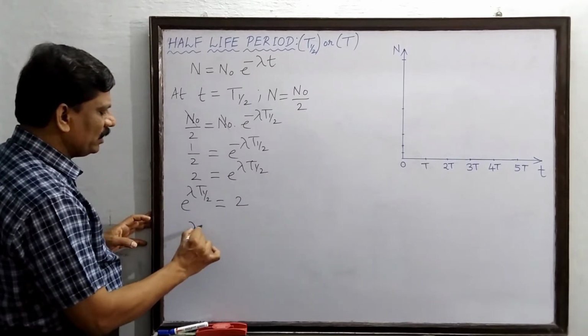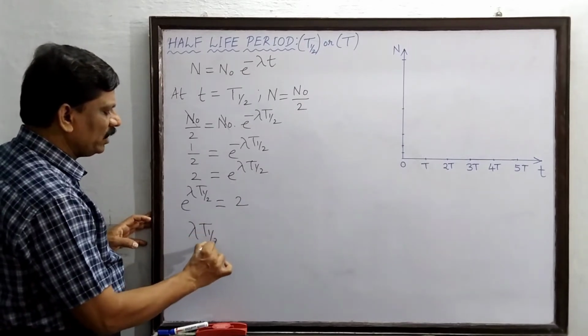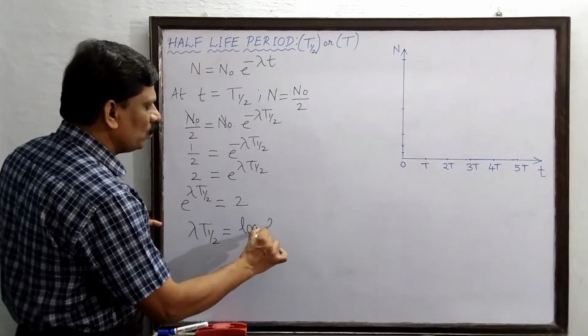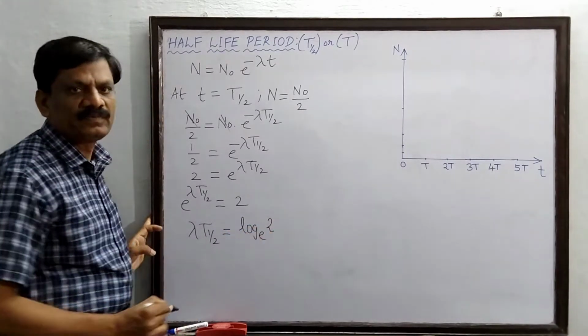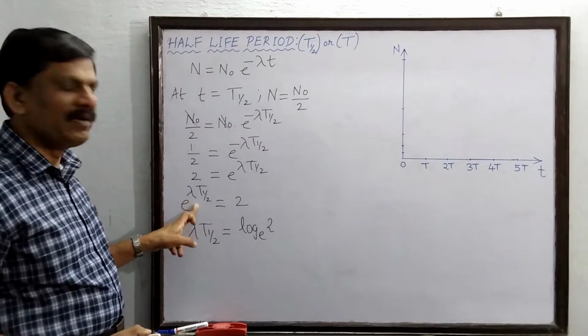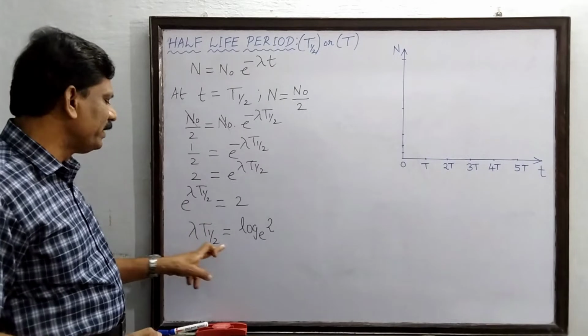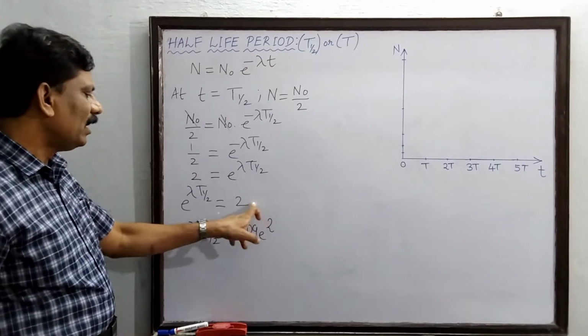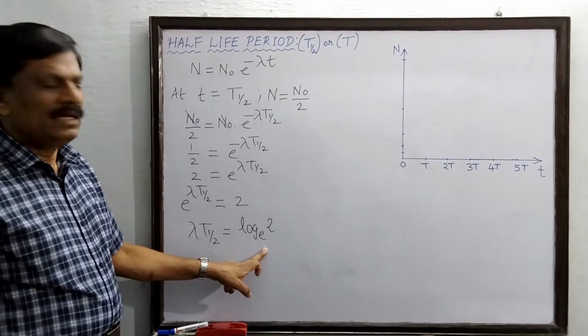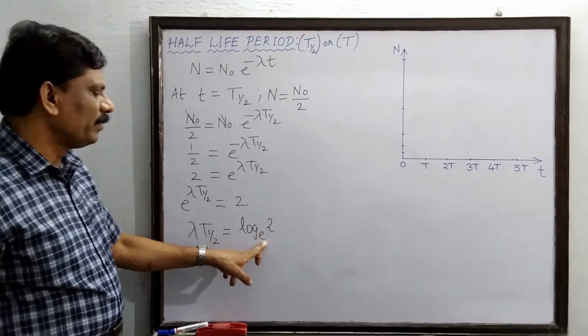Therefore, lambda into T half must be equal to the logarithm of 2 to the base e. This is the natural log because the exponential is raised to the power lambda T half. Now, I have to convert this into log of 2 to the base 10.